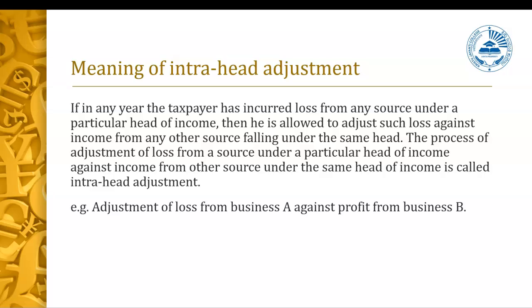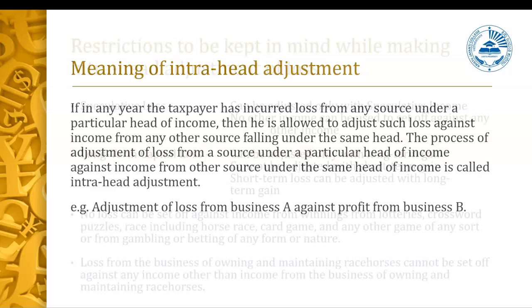Then he is allowed to adjust such loss against the income from any other sources falling under the same head. This is called intra-head adjustment. The process of adjusting losses from a source under a particular head of income against the income from other sources under the same head of income is called intra-head adjustment. It is easily understood with this example: the loss from business A is adjusted against the profit of business B. As simple as that.